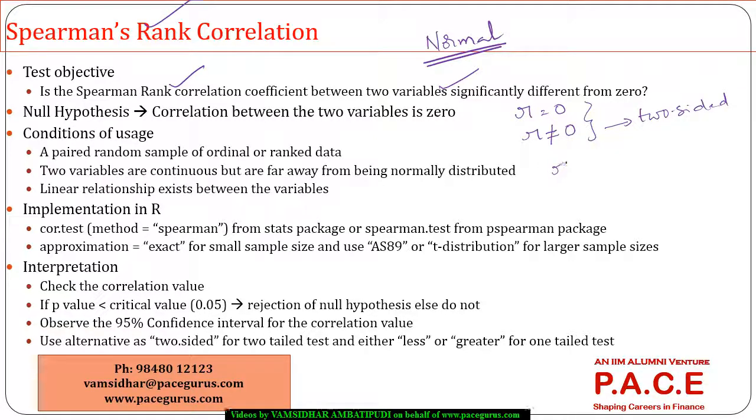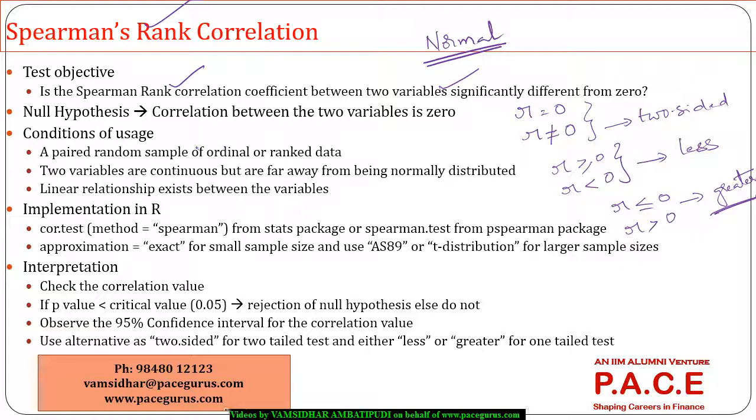If I take the null hypothesis as correlation greater than or equal to 0 and the alternate hypothesis as less than 0, then it is a one-tailed test where I will specify the alternative as less. And if I take the null hypothesis as correlation less than or equal to 0 with the alternative hypothesis as correlation greater than 0, then it is a one-tailed test with alternative value as greater.